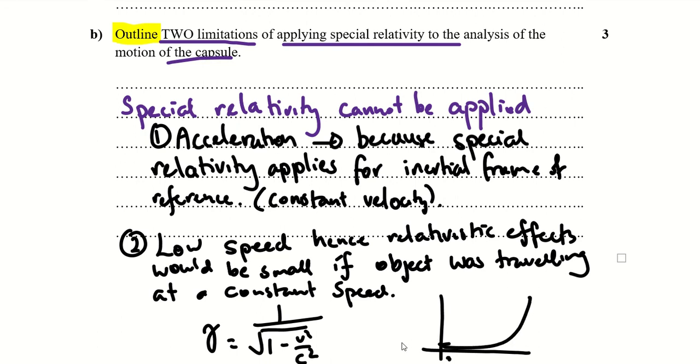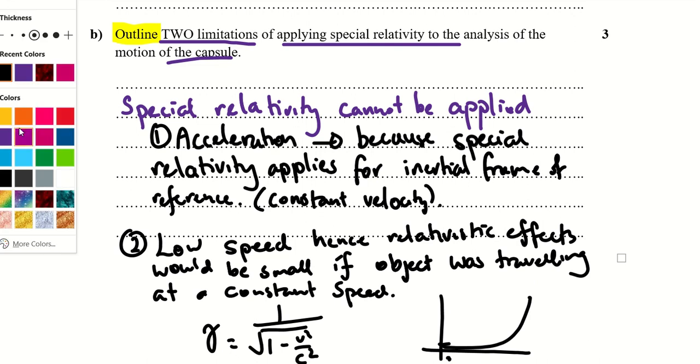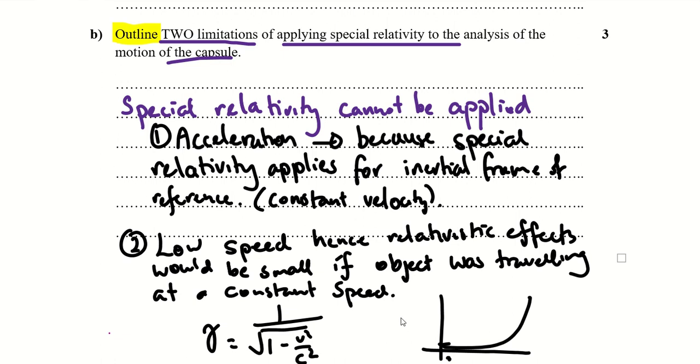So it's very small, and so that explains why we wouldn't really see any relativistic effects. That would be the reason we have there.